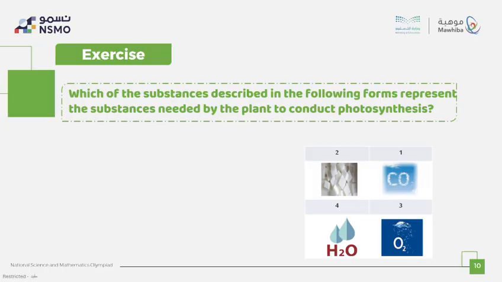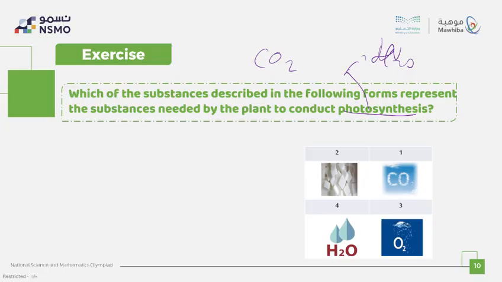Photosynthesis requires two main raw materials, carbon dioxide and water, H2O. Carbon dioxide from the air and water from the soil. And plants do not require oxygen as a raw material. Instead, oxygen is a product of photosynthesis.